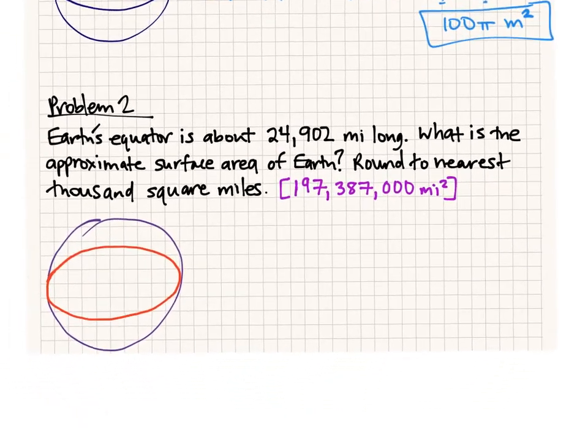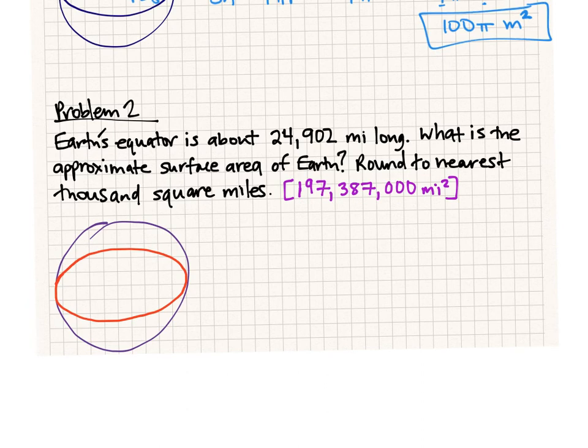Problem 2 says Earth's equator is about 24,902 miles long. What is the approximate surface area of Earth rounded to the nearest 1,000 square miles? So this is giving the circumference, right? Equator is going to be circumference. So circumference is 2 pi r. If the circumference is 24,902, we can back into what our radius is by dividing by 2 pi.